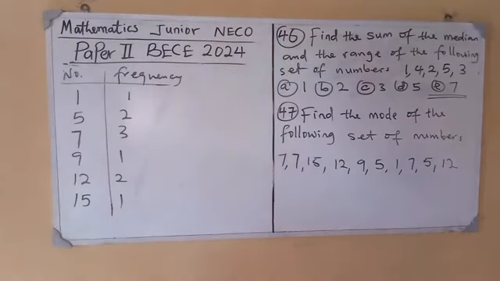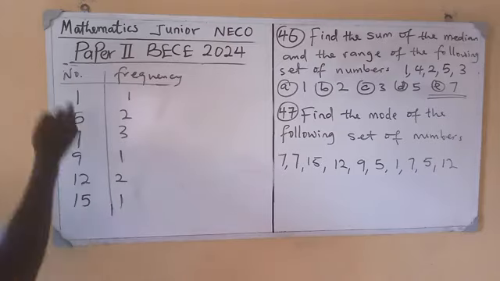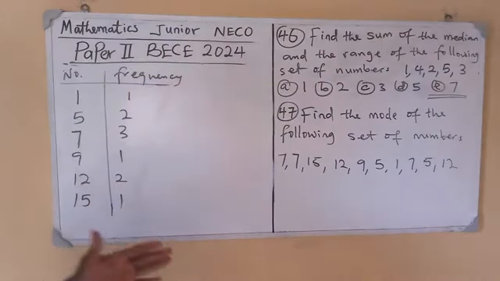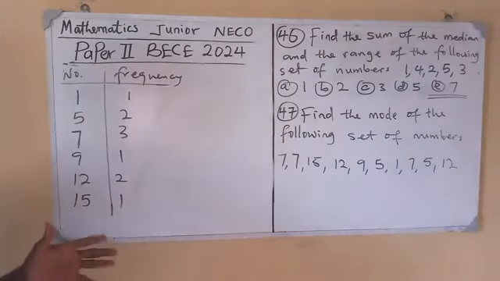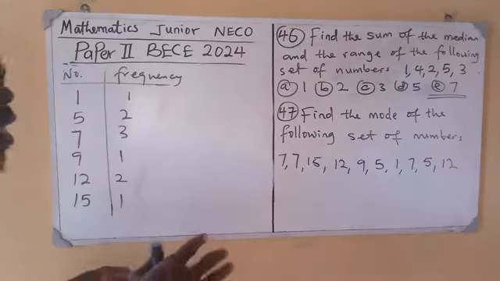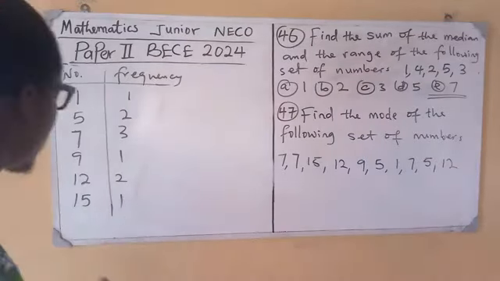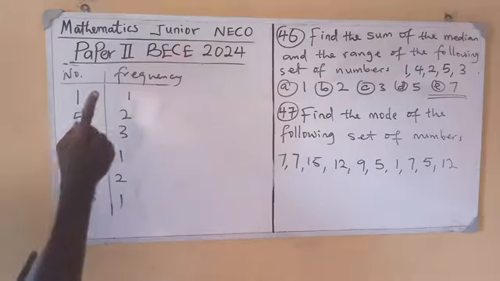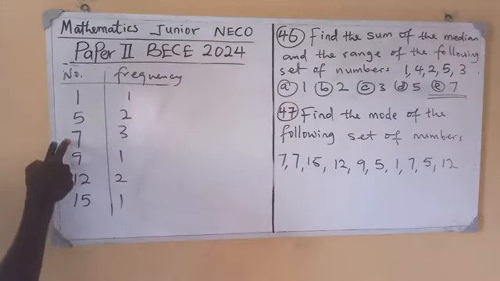From this, we can now check which of these numbers has the highest frequency, which is the definition of mode. The mode in a set of data is that particular number that has the highest frequency. So you can see that 7 has the highest frequency, so 7 is the mode.